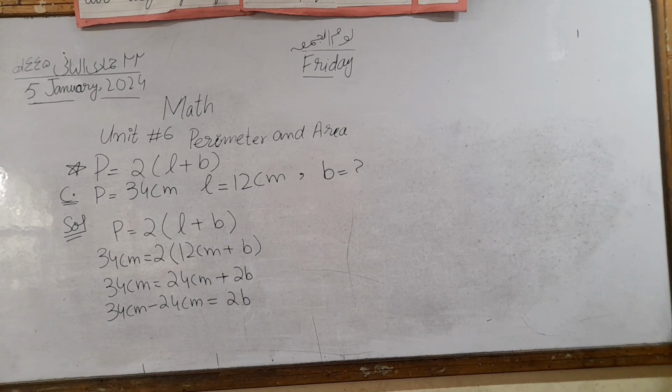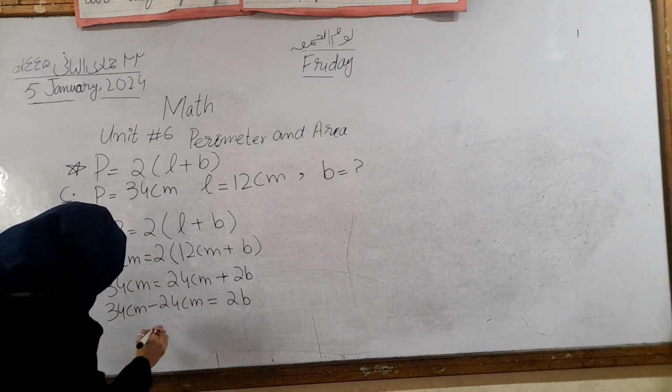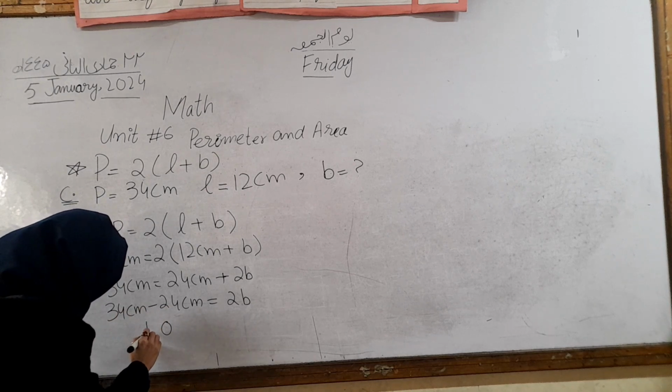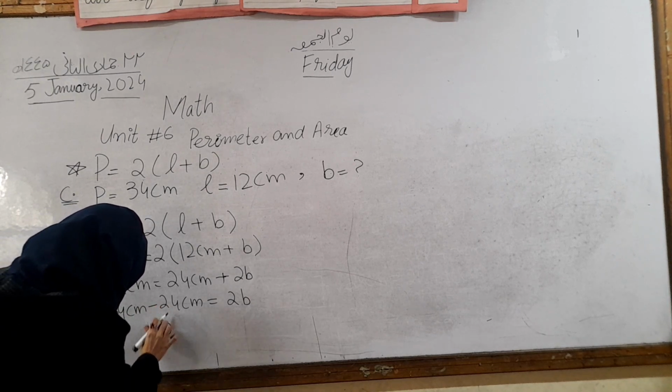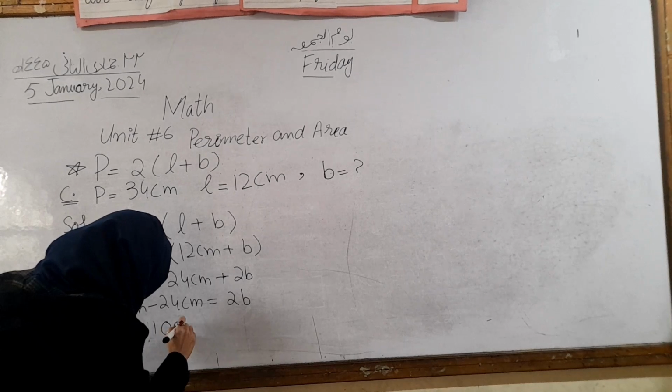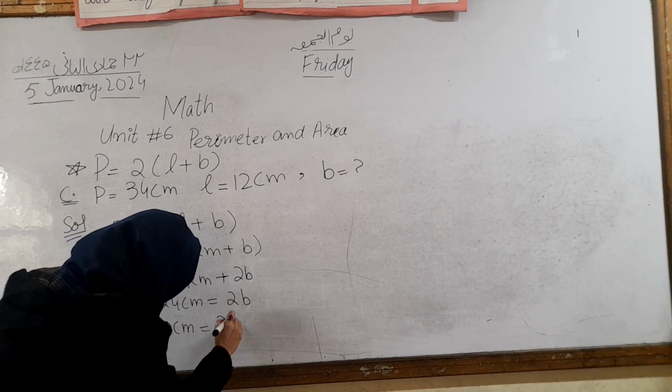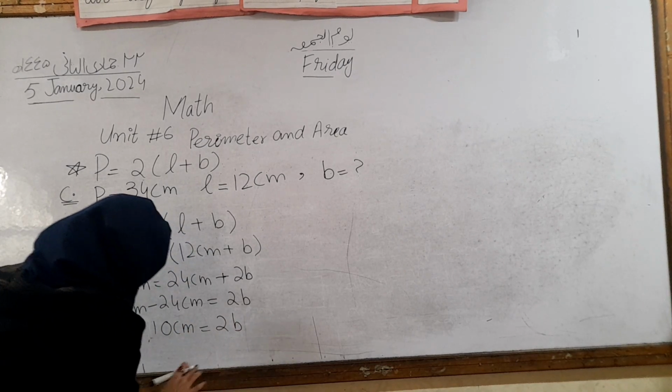Now subtract 34 centimeter minus 24 centimeter. Tell me the answer, class. 4 minus 4 is 0, 3 minus 2 is 1, which is 10 centimeter, which is equal to 2b.